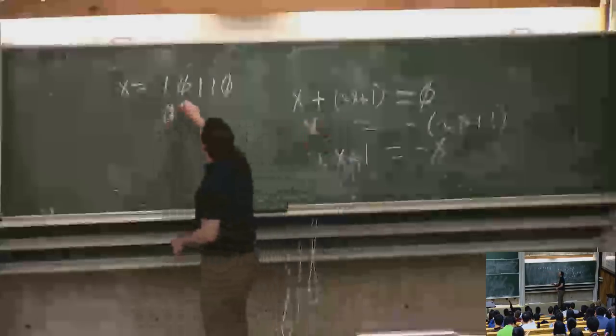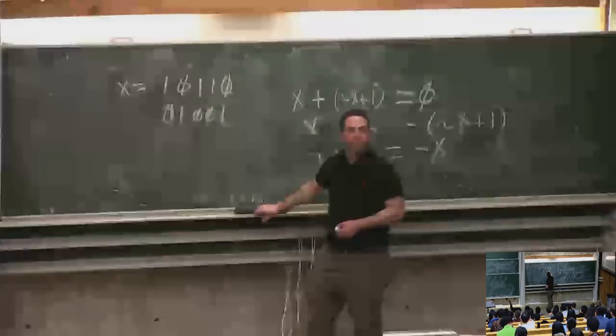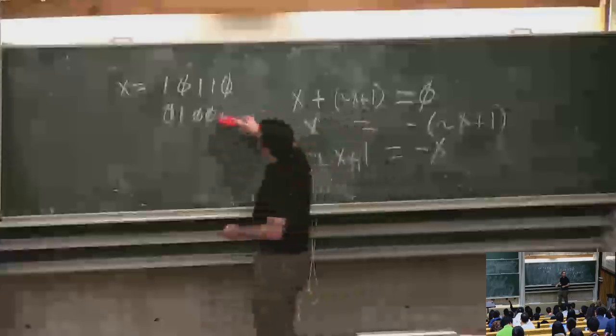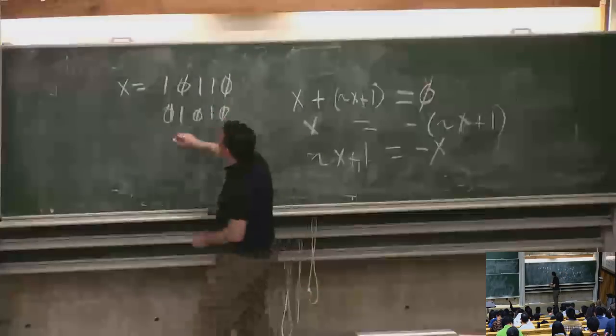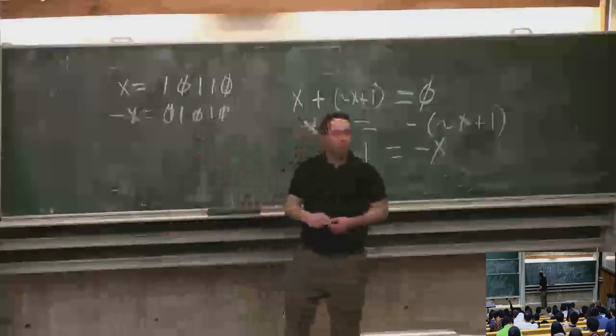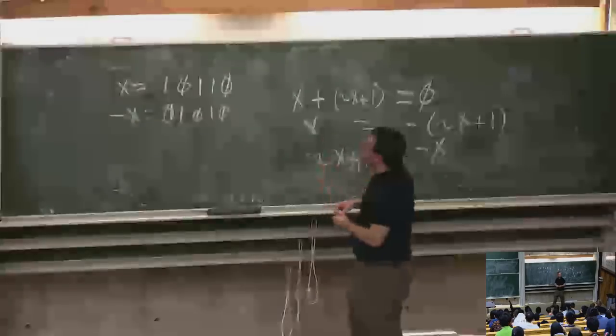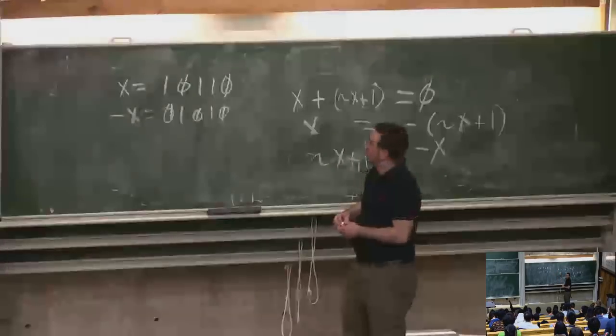So my negative x is going to be the complement of this, 0, 1, 0, 0, 1, plus 1. 1 and 1 is 0, carry a 1. Do we agree? And we just showed that if we add these together, what do we get?